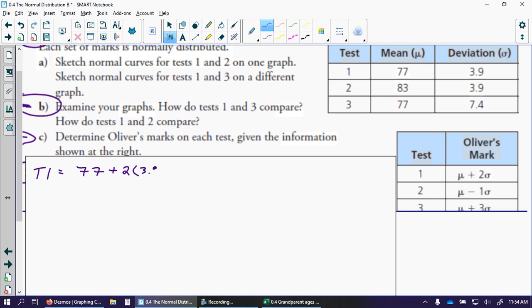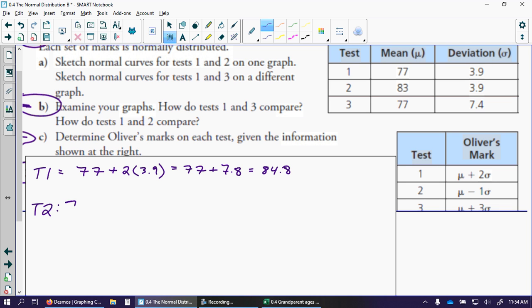So 2 times 3.9 is 7.8, so that's 84.8. So we can find what his mark is.